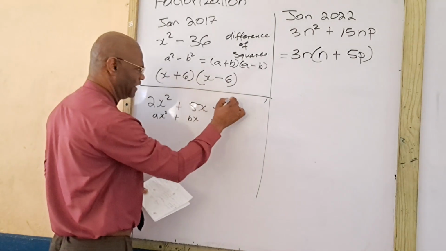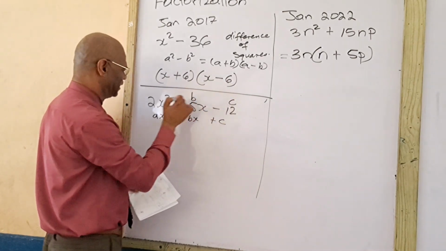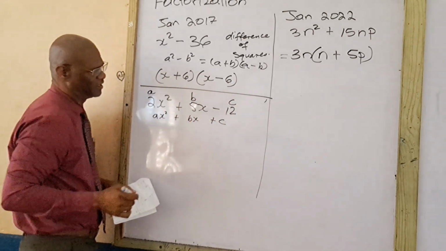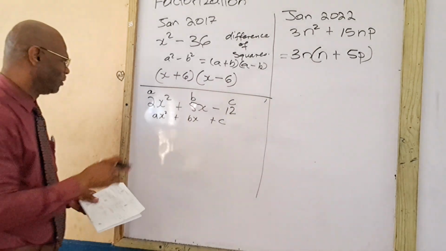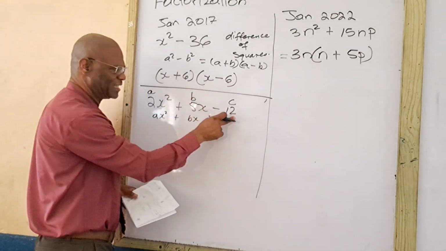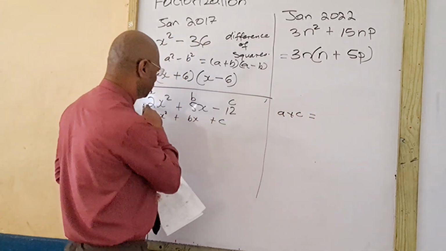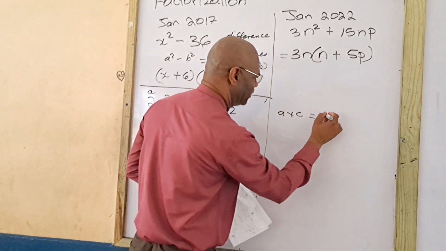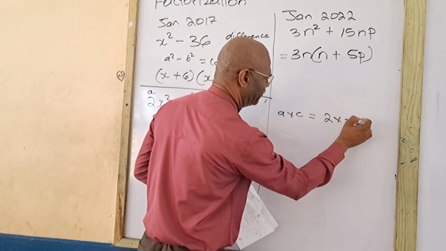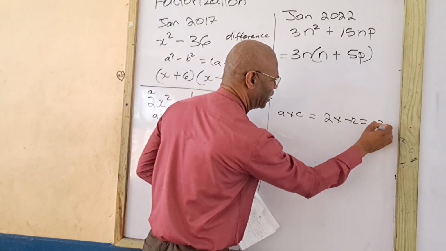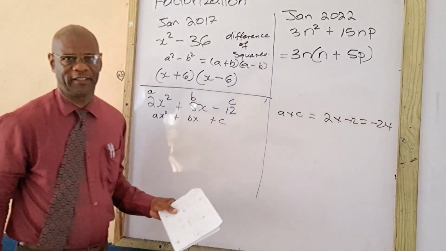So this is c, that's b, and this is a. Now remember, we are going to multiply a by c. So a times c is 2 times negative 12, which is negative 24.